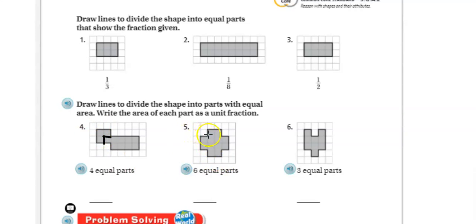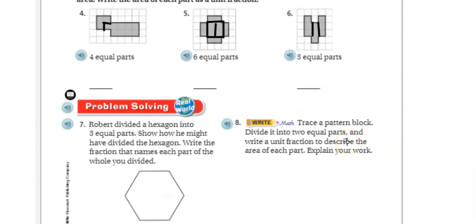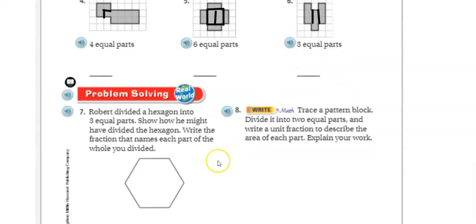This one, 6 equal parts would be something like this. So you would have 1, 2, 3, 4, 5, 6. And then this one over here, just 3 equal parts. Hopefully you were able to come up with something like that. And then you were to write down like 1/4, 1/6, 1/3.